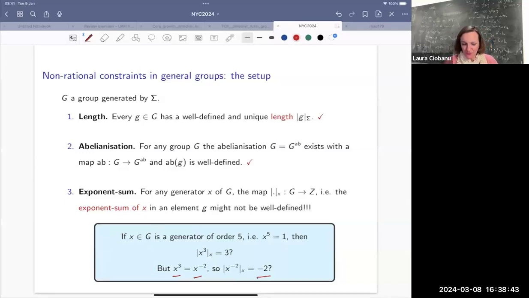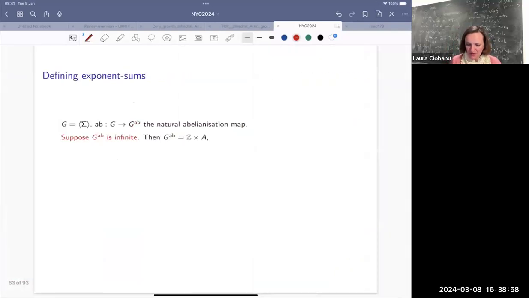As you've seen for free groups, we used a lot the connection between these two problems. So again, the idea would be to keep using it, but then you need to know what an exponent sum even is. So we had to be a bit careful and define those generators for which it makes sense to talk about exponent sums. If you take a group G and the abelianization is infinite, it means you can write it as Z times some other abelian group A, which might be finite or infinite.